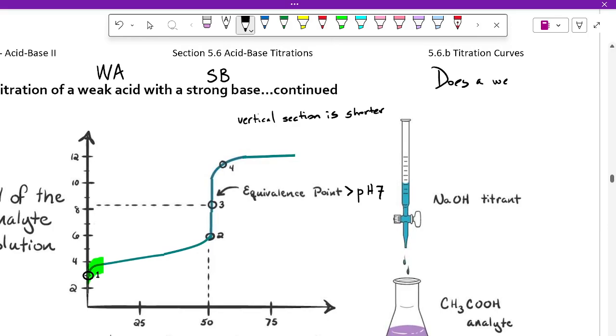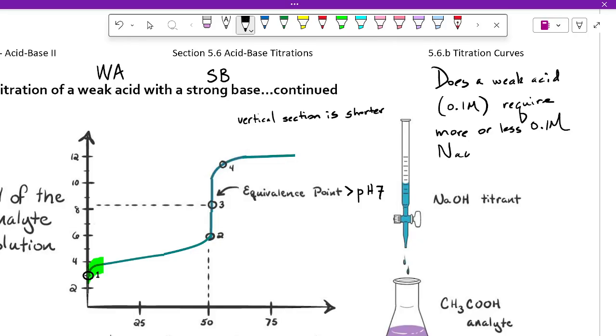Does a weak acid, 0.1 molar, require more or less 0.1 molar NaOH to reach the equivalence point, compared to 0.1 molar HCl?